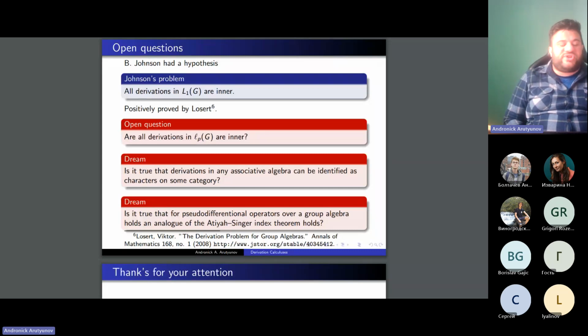Is it true that derivations in any associative algebra can be identified as characters on some category? If you take as an associative algebra a group algebra, then you must take the groupoid of action, and then you are welcome.